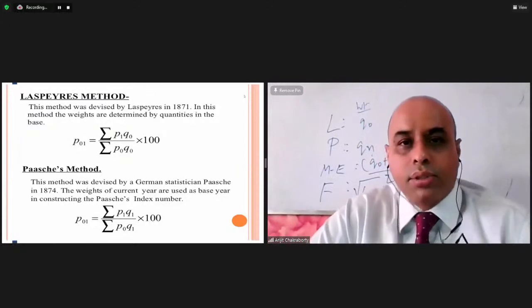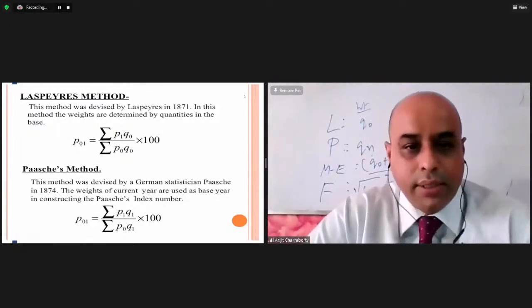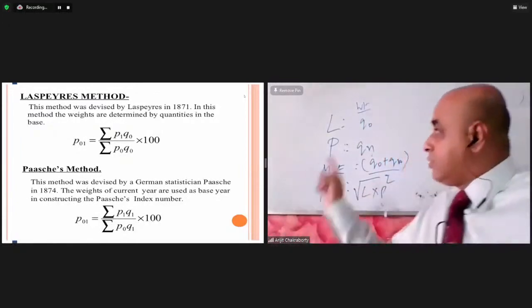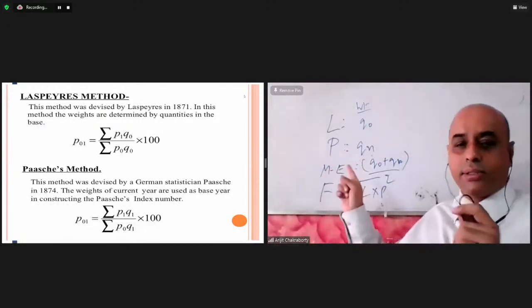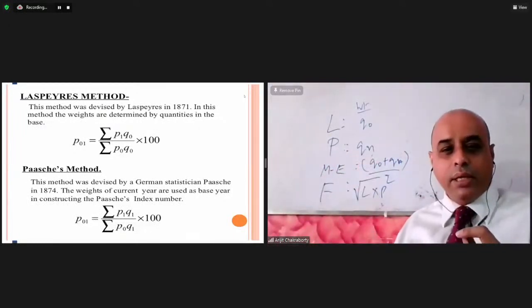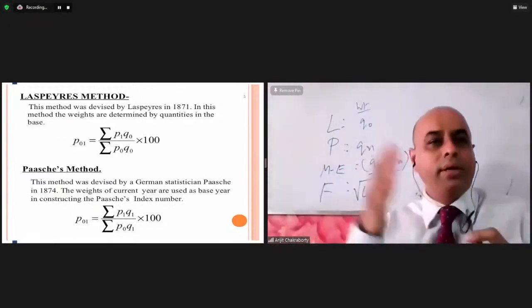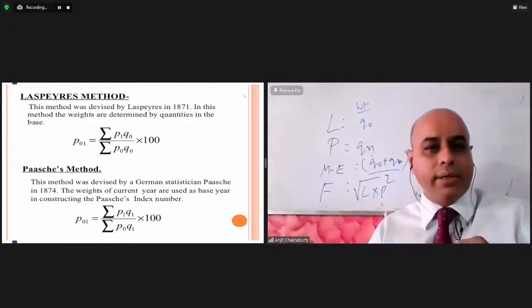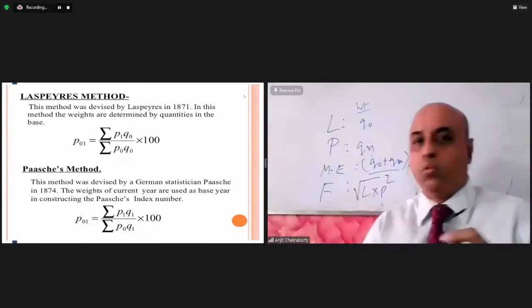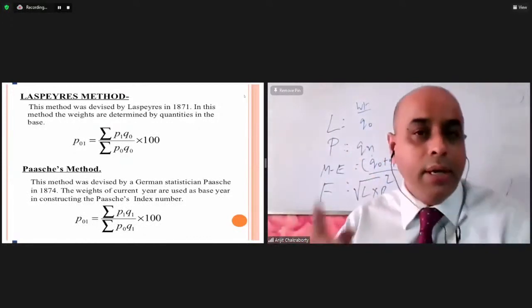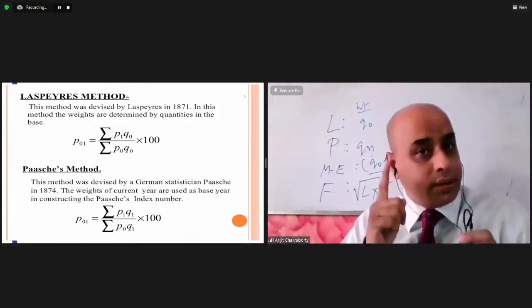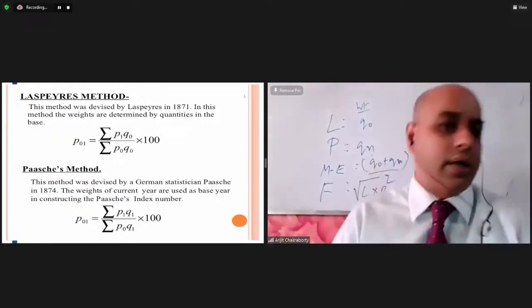So these are used for more than one century. In the case of past year's index, the weight is the current year, Qn. So the formula becomes sigma Pn Qn, that is P1 Q1 for the current year, divided by P0 Q1, where P0 is the price in the base year, but Q1 is the quantity of the current year.